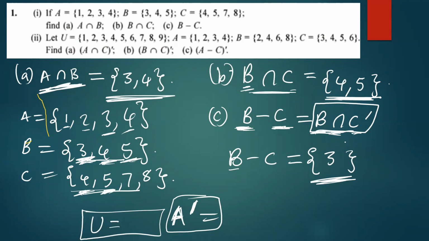So if we say C complement, it means that we are listing the elements that are outside C. That's the simplest definition. But this one can't be used because we don't have the universal set. Hence we just use the definition of B minus C, which means that we're listing the elements that are in B, excluding those that are in C.